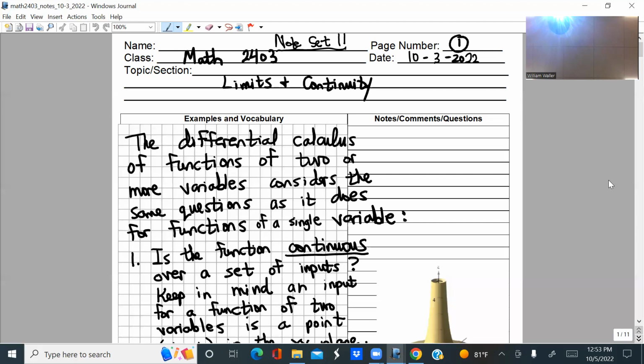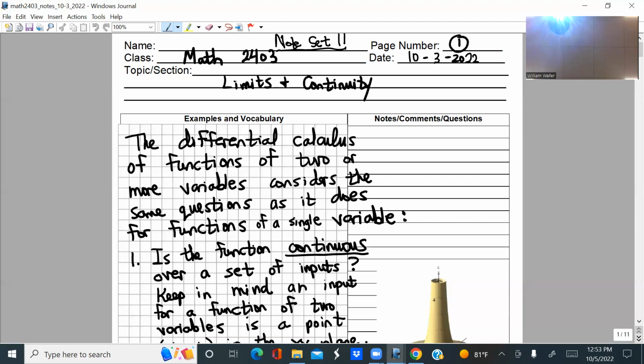So we're going to ask differential calculus type questions about these functions. What sort of calculus questions did we ask about functions of one variable? One key thing we want to know about functions of one variable, but also functions of two variables, is: is the function continuous? Is the function continuous over a particular portion of the domain?